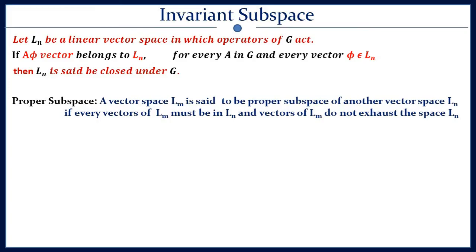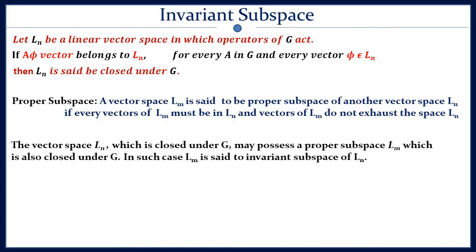Now we are very close to understanding the invariant subspace. We have two different kinds of definition, closed vector space and proper subspace. We just need to combine these two definitions. We know Ln vector space is closed under G and Lm is the proper subspace of Ln.